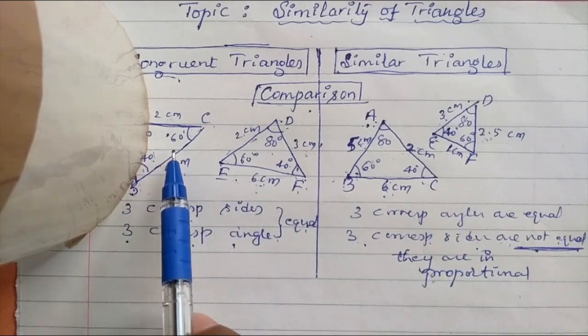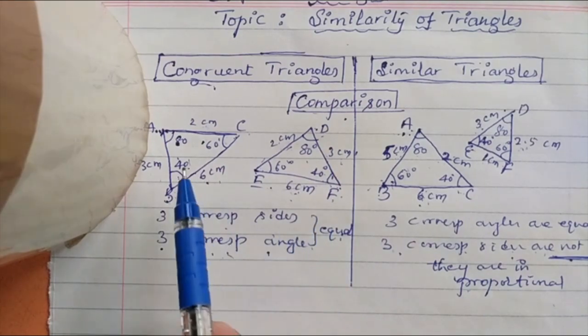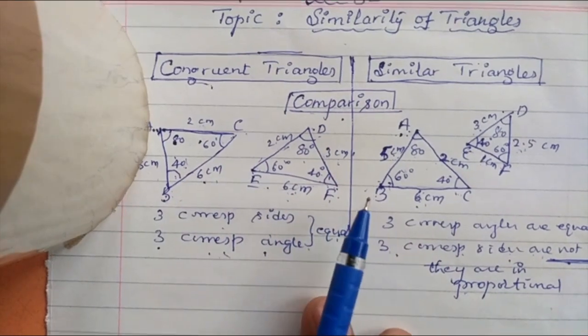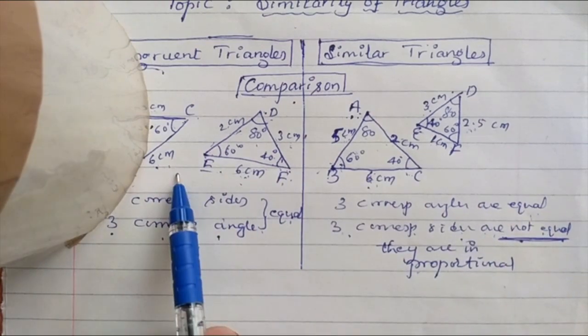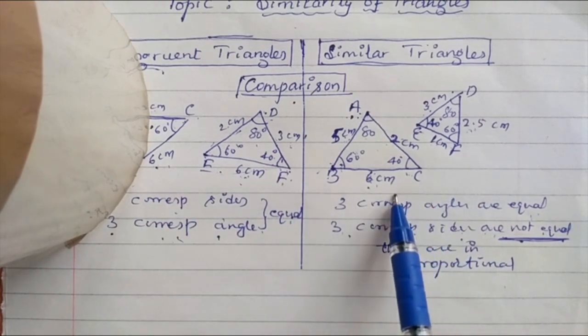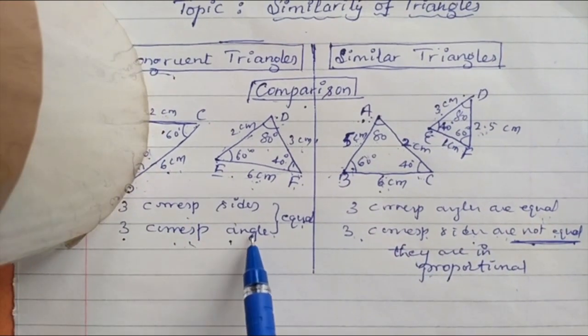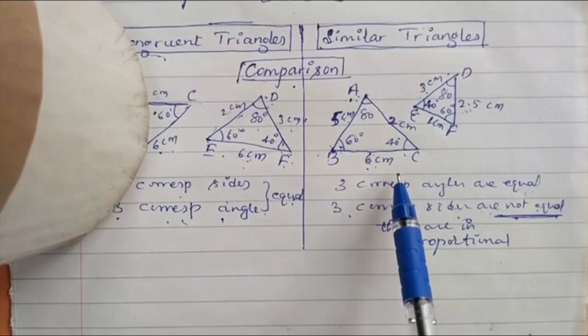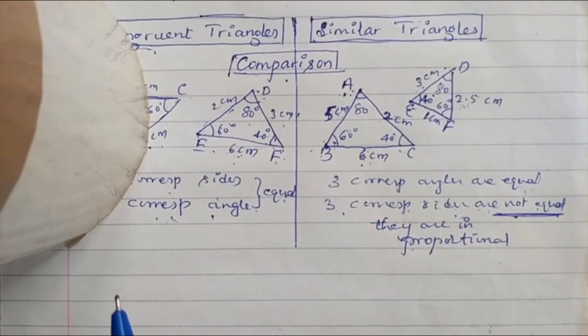That is, in congruent triangle, all the three angles are equal, all the three sides also equal, called corresponding sides and corresponding angles. Like in congruent, in similar triangle also, all the three angles are equal. Here all the three corresponding sides are also equal in congruent, but here three corresponding sides are not equal, they are in proportion.